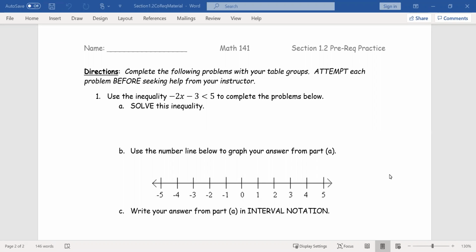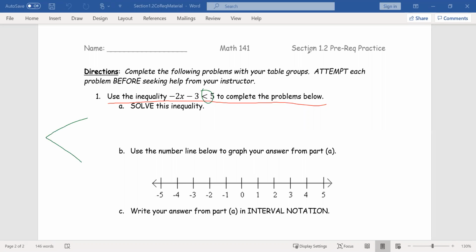Okay, so the first question asks us to use this inequality to complete the problems below. This inequality says negative 2x minus 3. And then we have to think about what this inequality symbol means. If the arrow on the inequality is pointing to the left, I also like to think of it as an alligator mouth.